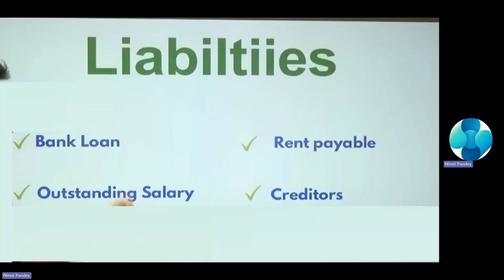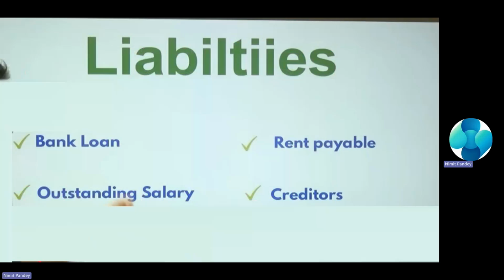Okay, another term is liability. Liabilities are anything which we have to pay. Like we take some loan from the bank, so we have to pay it to the bank.